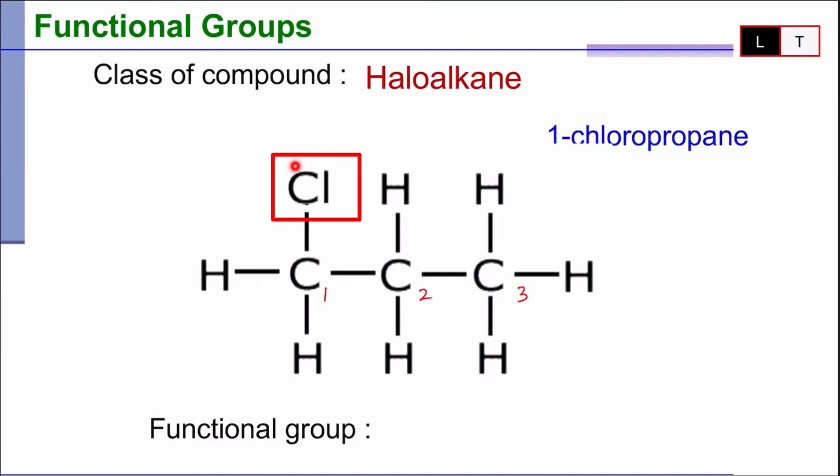So, sebab kes ini dia ada extra sikit halogen, sebab tu nama dia jadi haloalkane. Dan the name of functional group adalah halogen. Okay, halogen ni boleh ganti sebagai bromin, iodine or fluorine. Tapi semuanya mesti elemen daripada group 17.